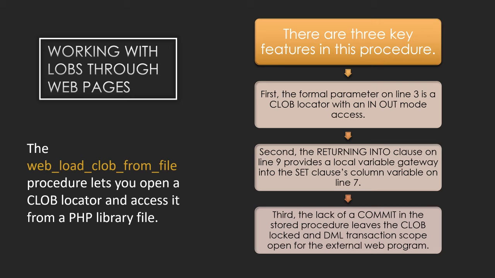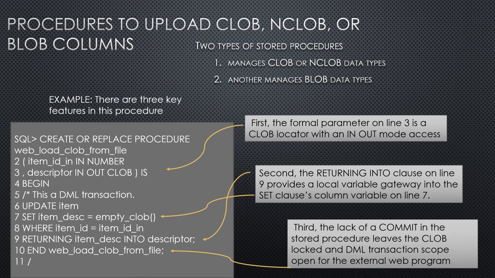You've got to use the returning into clause, so it provides a local variable into the set clause variable, and then without a commit in the stored procedure, it leaves everything locked, and you can do the DML transaction with the external web program. This is the actual example.